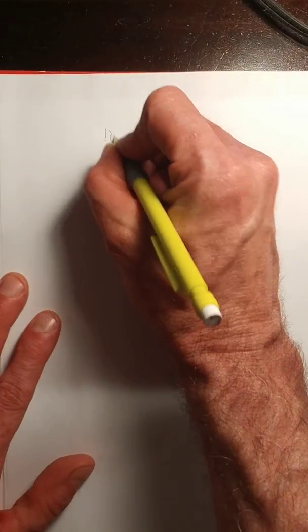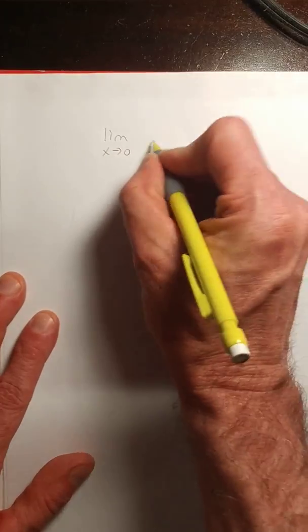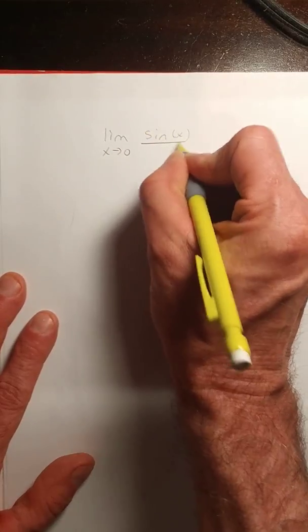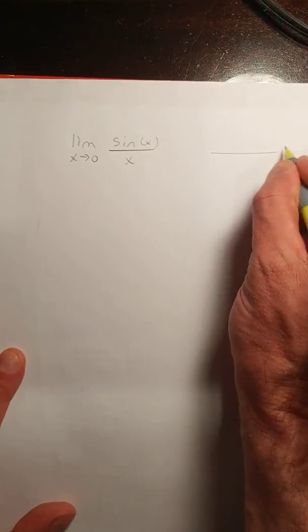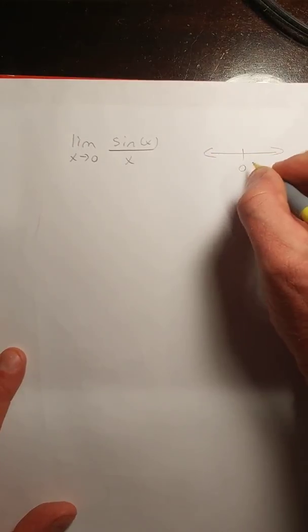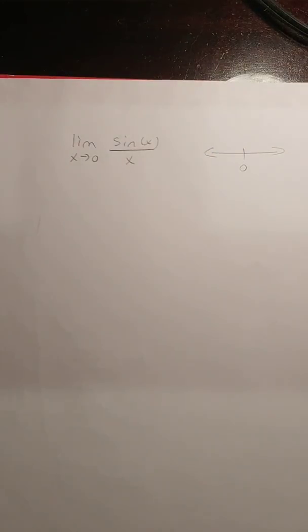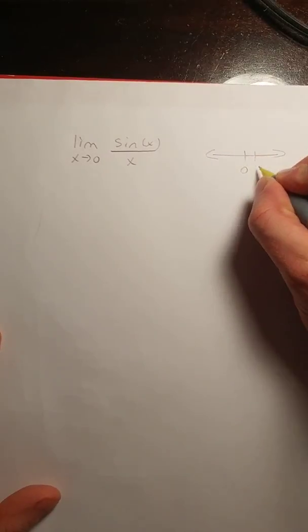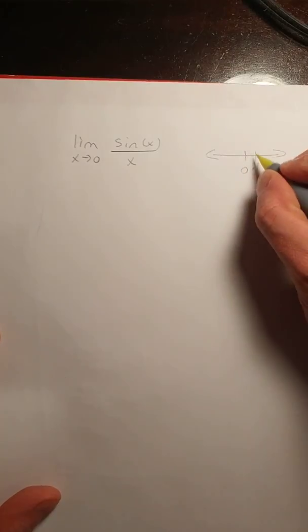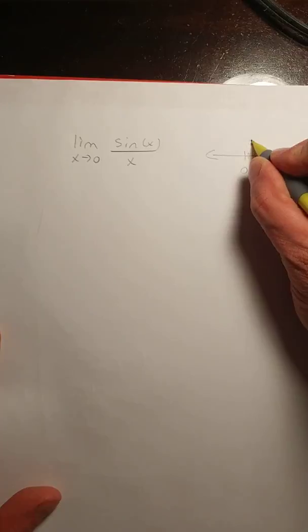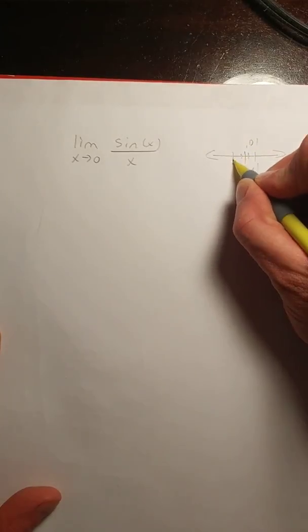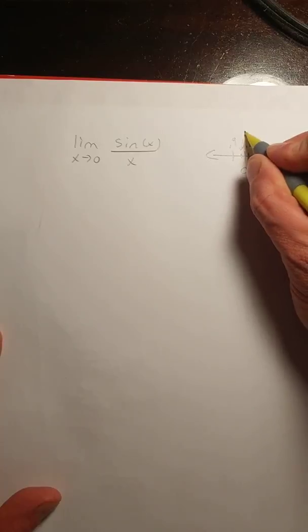I wanted to do one more example of a limit by approximation. I'm going to evaluate the limit as x approaches 0 of sine of x divided by x. If you were to think about just x values, you would probably want to pick something like 0.1, which is pretty close to 0, then maybe 0.01, and then the same thing on the other side.